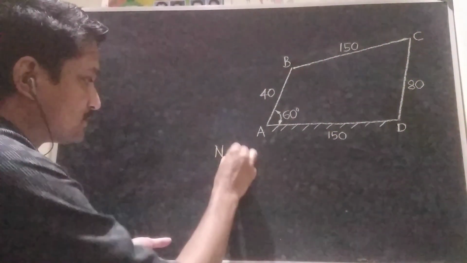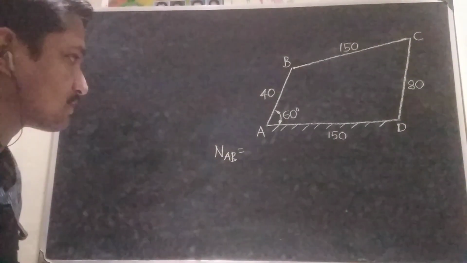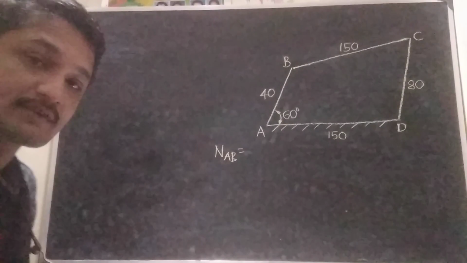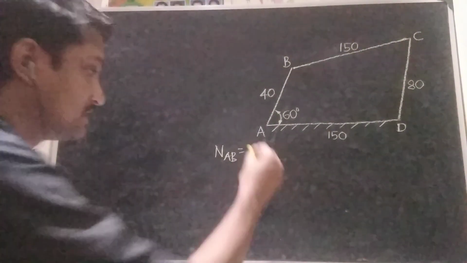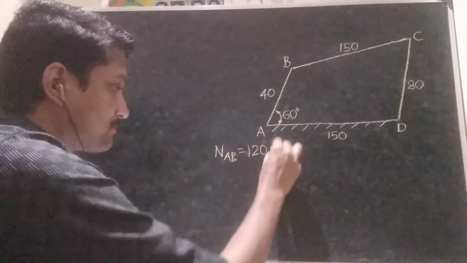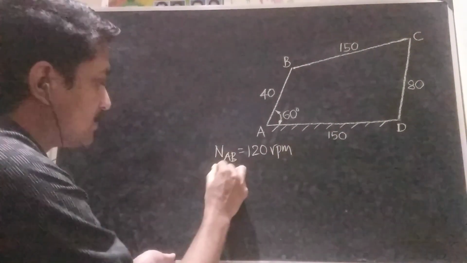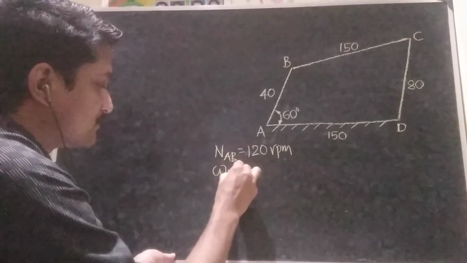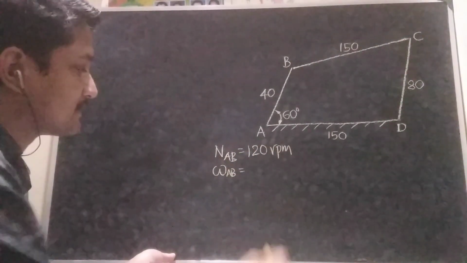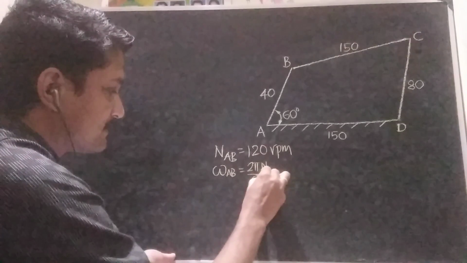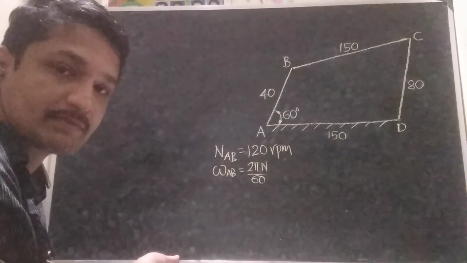Next, given that the crank AB rotates at 120 rpm, we can find the angular velocity of AB, which is equal to 2 pi N by 60, where N must be in rpm.